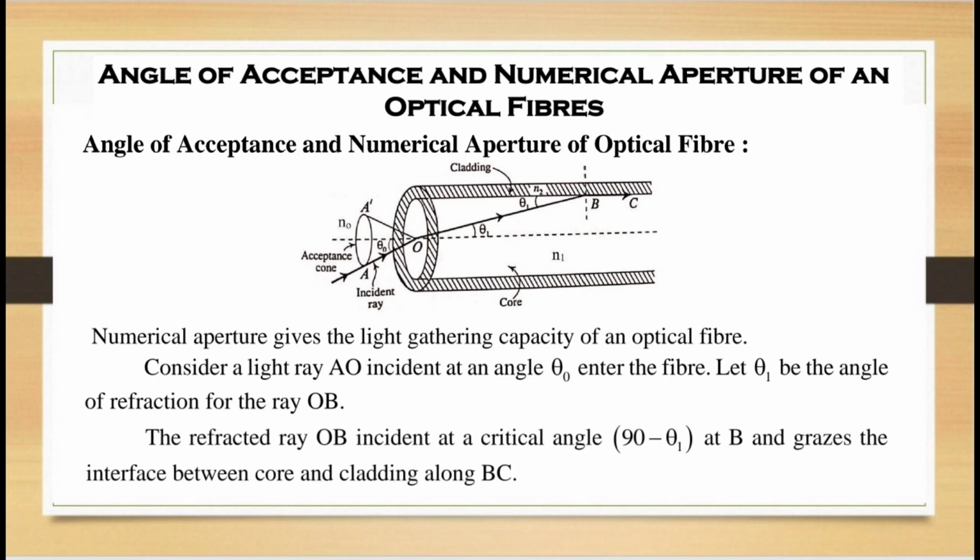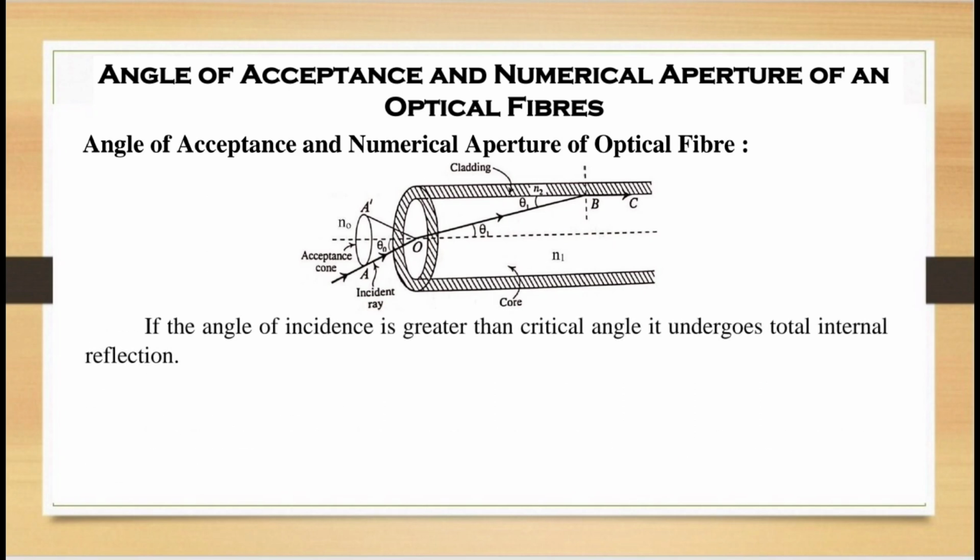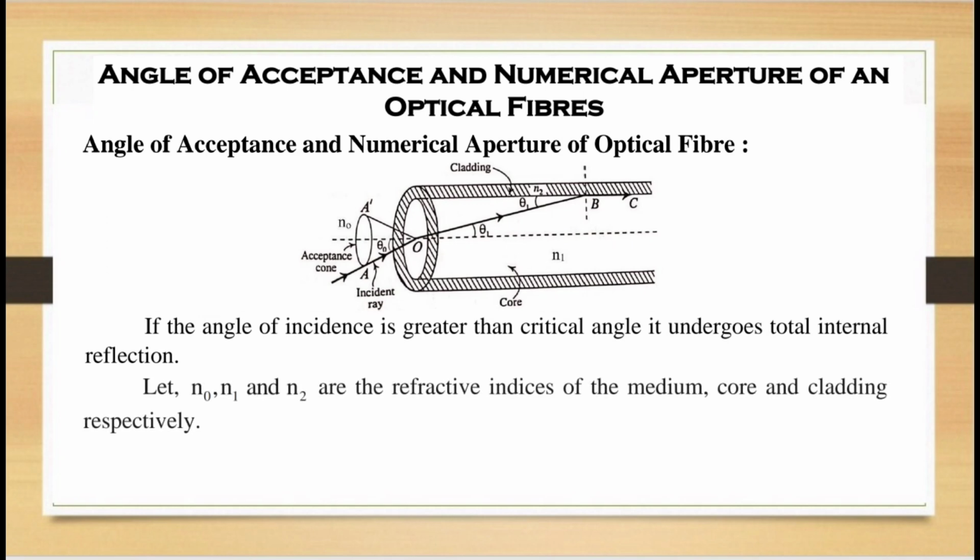The refracted ray OB is incident at a critical angle of 90 minus θ1 at B and grazes the interface between core and cladding along BC. If the angle of incidence is greater than the critical angle, it undergoes total internal reflection. Let n0, n1 and n2 be the refractive indices of the medium, core and cladding respectively.